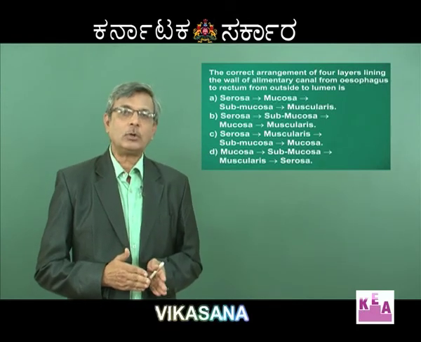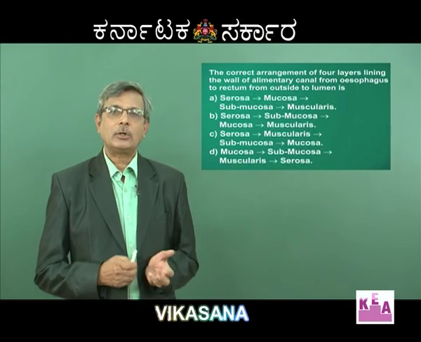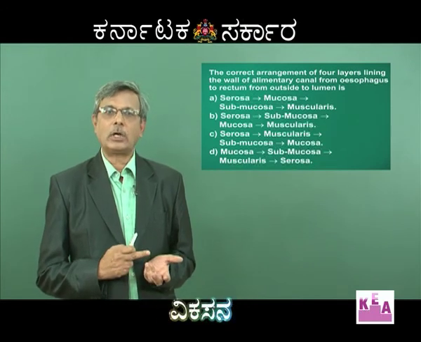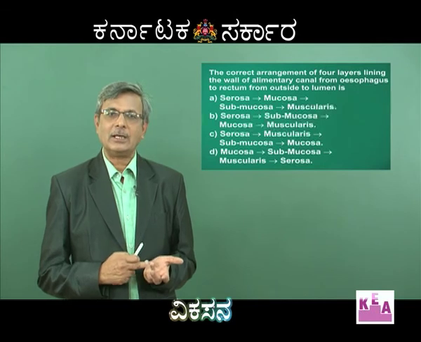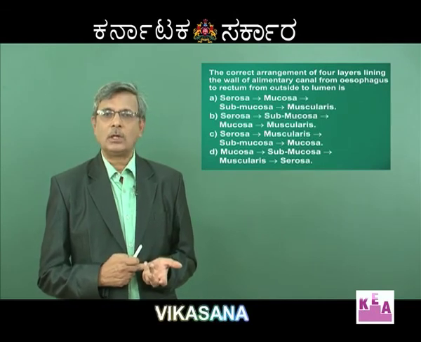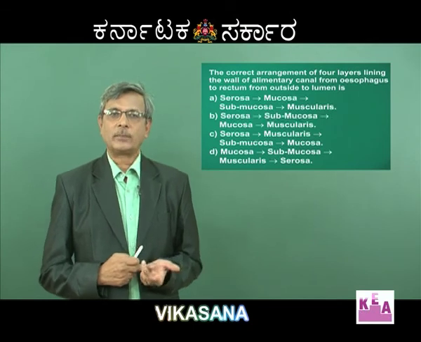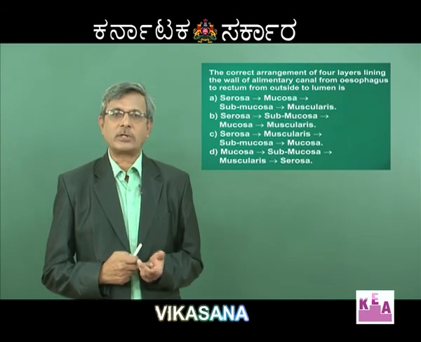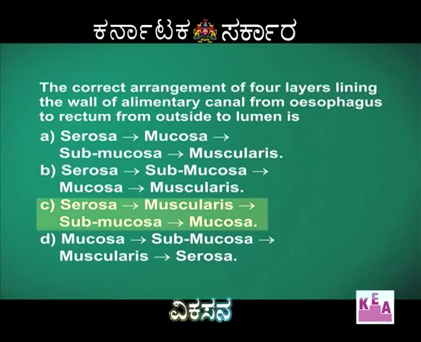From outside toward the lumen, they are tunica serosa, tunica muscularis externa, also called muscularis, tunica submucosa and tunica mucosa. So when we look here from outside to inside, option 3 says serosa, muscularis, submucosa and mucosa. Thereby this must be the answer.